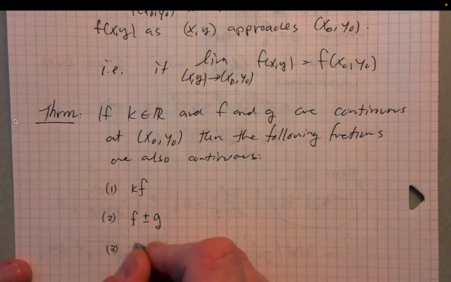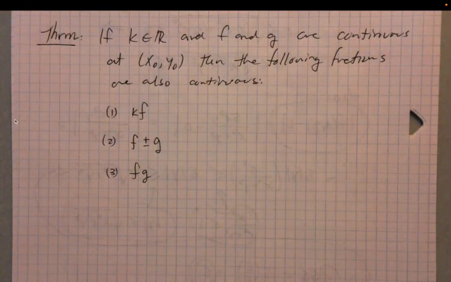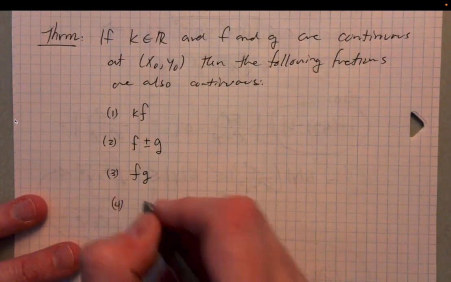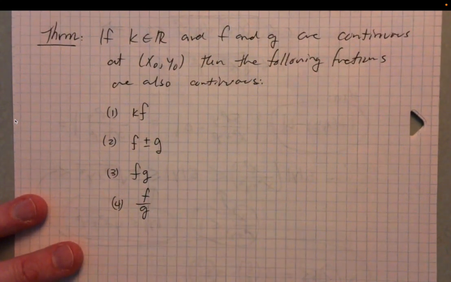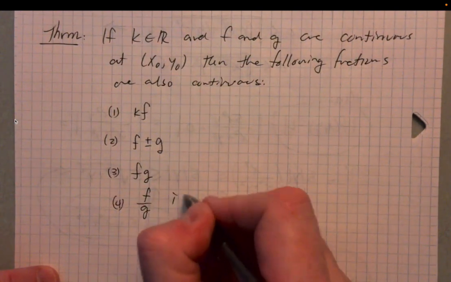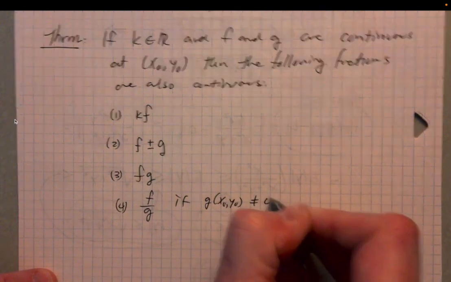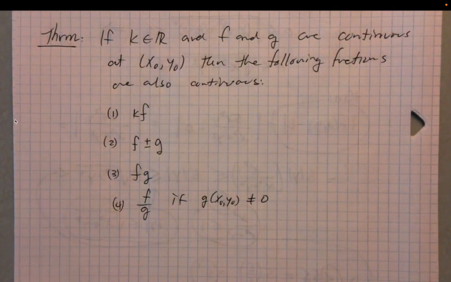If I multiply the two functions together, the resulting function will be continuous. And if I divide, we have continuity as well, provided, of course, that g of x naught y naught is non-zero. If the denominator is 0, then you don't have continuity.